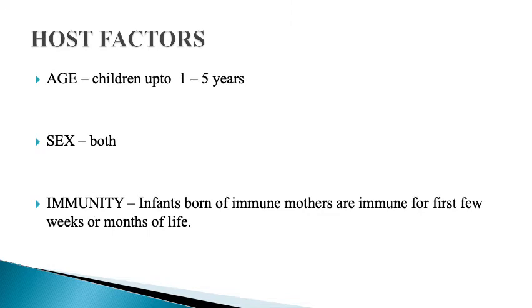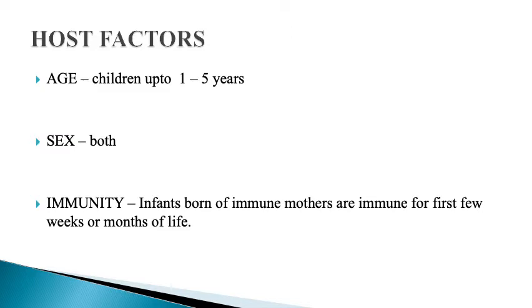What are the host factors? First of all, age. It usually affects children aged 1 to 5 years. Where widespread immunization is practiced, a shift in age incidence has been observed from preschool to school age. Coming to gender, it affects both females and males equally.